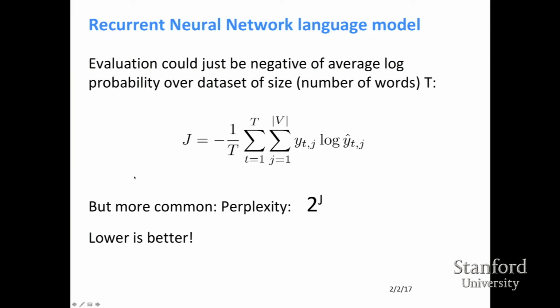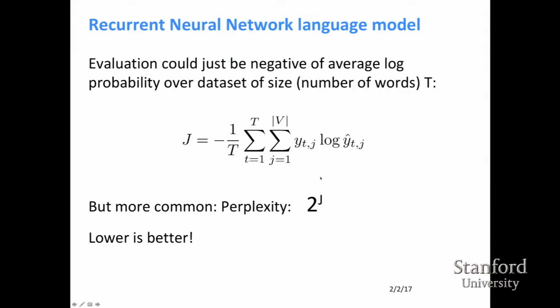Now, to evaluate how well you can predict the next word over many different words and longer sequences, you could, in theory, just take the negative of the average log probabilities over this entire data set. But for historical reasons and also reasons from information theory that we don't have to get into, what's more common is to use perplexity.